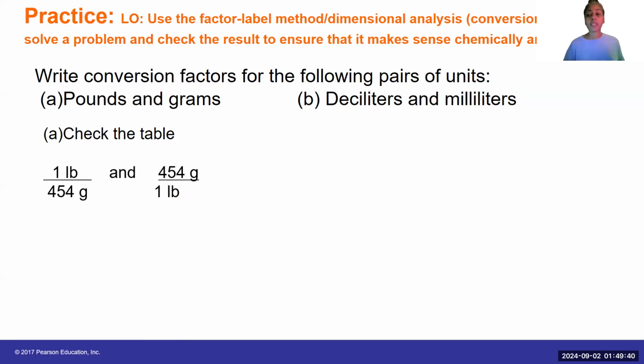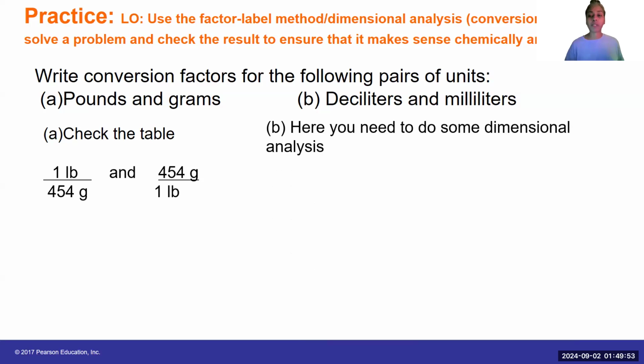For B, we need to do a little bit of dimensional analysis. If you remember from our video on metric conversions, we went from the prefix unit to the non-prefix unit to the prefix unit. Or you can draw a number line in order to go from one unit to the next. So 1 deciliter is equal to 0.1 liters, and 1 milliliter is equal to 0.001 liters.